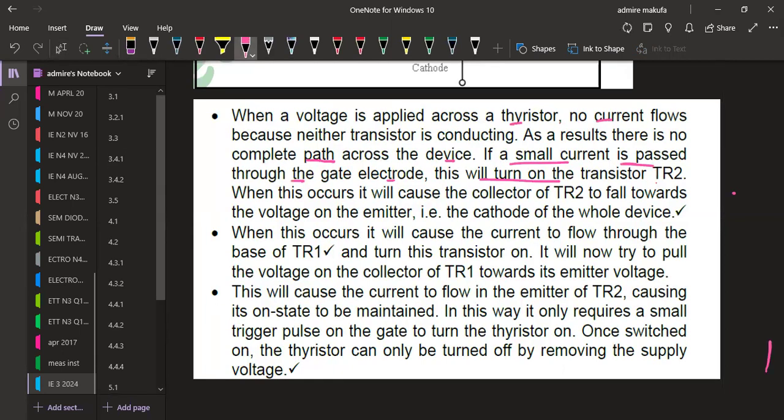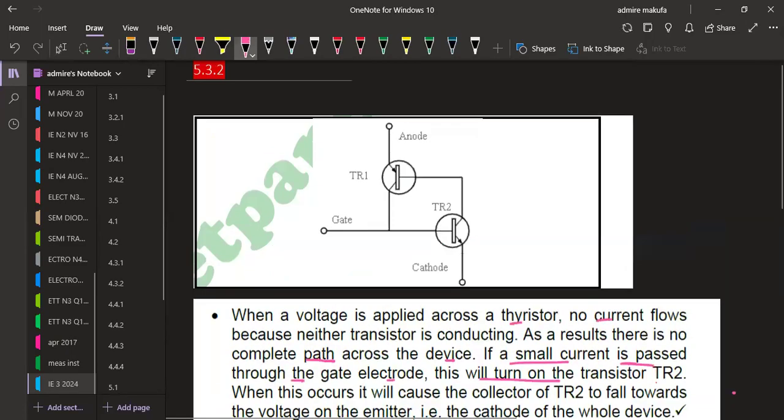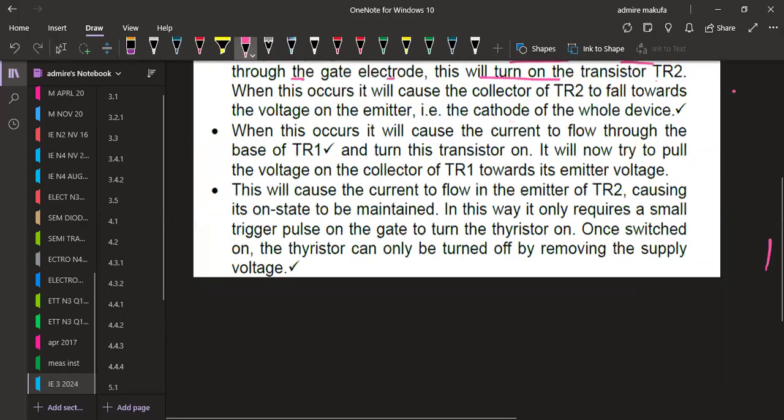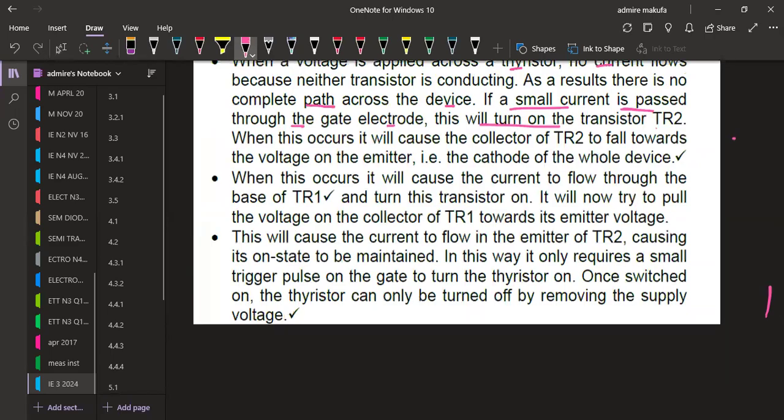All right, how can I go back here? But just here, it's going to turn this one on, okay? That is the cathode of the whole device. When this occurs, it will cause current to flow through the base of transistor 1 and turn that transistor on, and so on, until this will cause current flow in the emitter of TR2, transistor 2, causing its on state to be maintained.